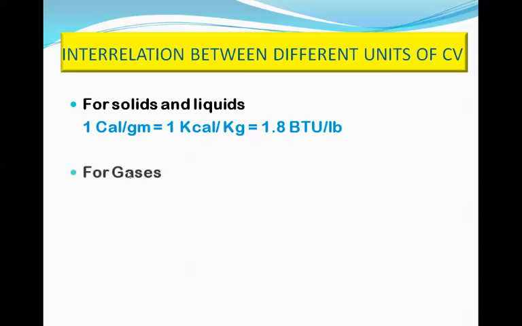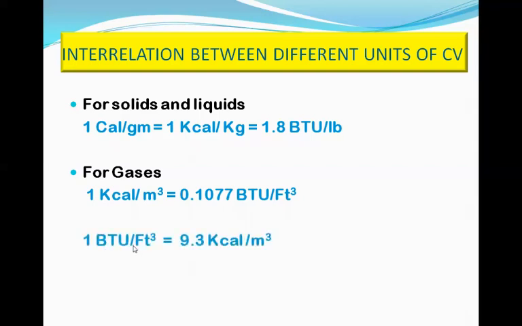For gaseous fuel, since it is per unit volume, 1 kilocalorie per meter cube is equal to 0.1077 British thermal unit per cubic feet. Also, 1 BTU per cubic feet is equal to 9.3 kilocalorie per meter cube. So this is how different calorific units are related.